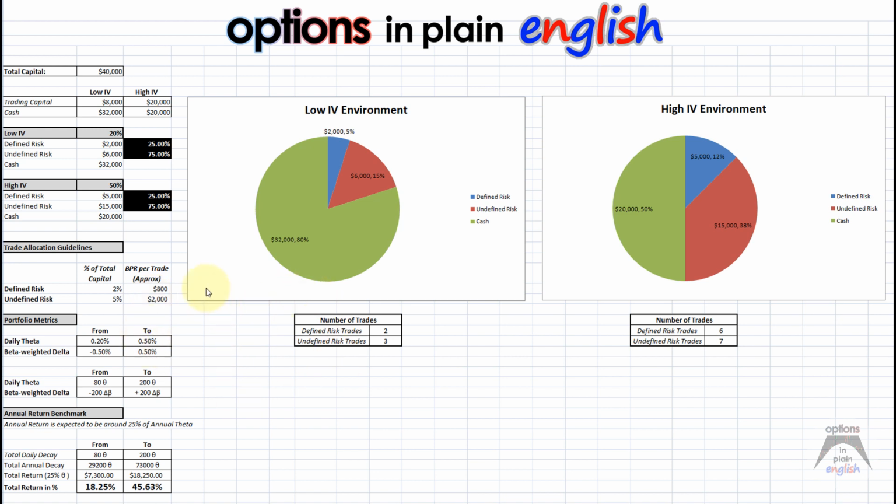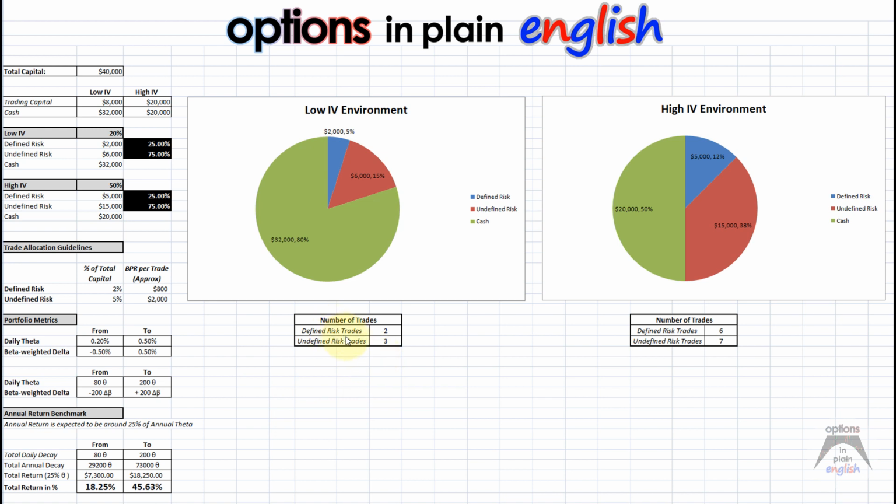So for example, now that we know how much we're going to assign to every trade, and we know how much we're going to assign to every type of trade here, we can figure out how many trades we're going to have on at one single time. So if we have a low IV environment, so unfavorable market conditions, we're deploying 20% of our capital, and we're using 15% to undefined and 5% to defined risk trades.